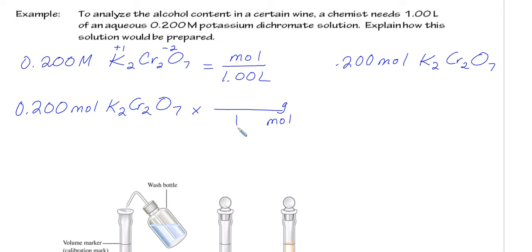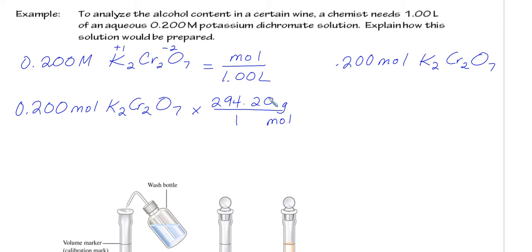If I add these up on my periodic table, I'm going to say 294.20. And again, we might be using different periodic tables, so if we have varying amounts of decimal spots, as long as we're in the ballpark, we should be good.